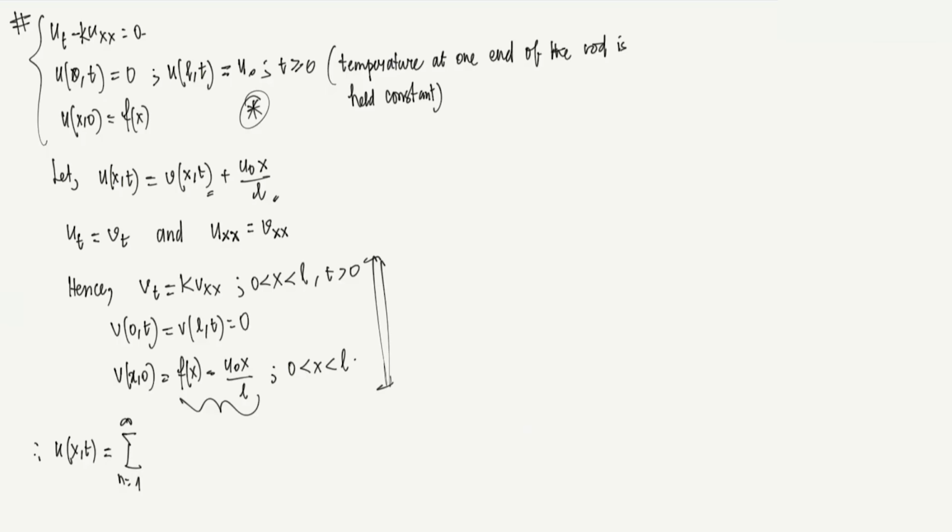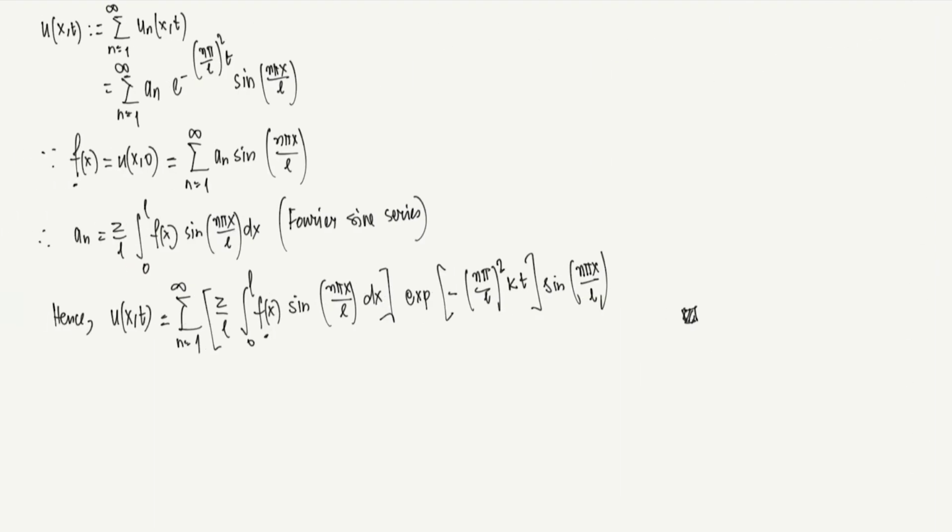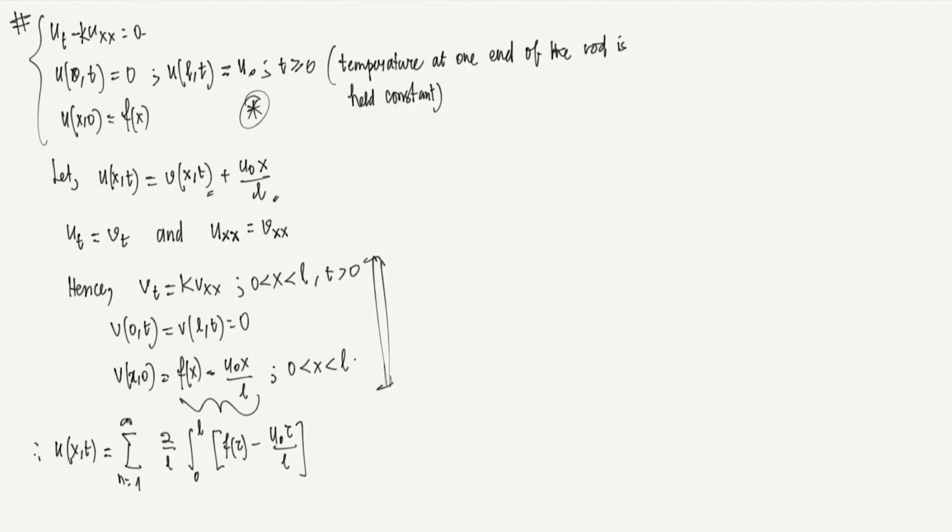Everything else is the same. So it becomes 2 by L, integral from 0 to L of f of tau minus u naught tau by L, times sine of n pi tau by L, d tau.